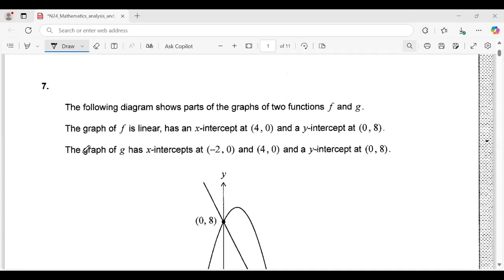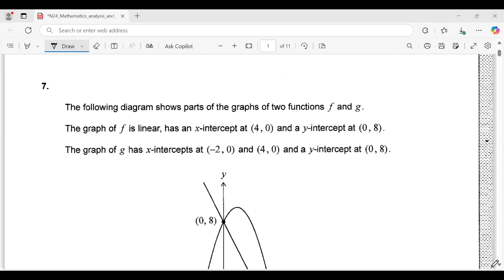Number 7. The following diagram shows parts of the graph of two functions f and g. The graph of f is linear, has an x-intercept at 4,0 and a y-intercept at 0,8. The graph of g has x-intercepts at minus 2,0 and 4,0, and a y-intercept at 0,8.